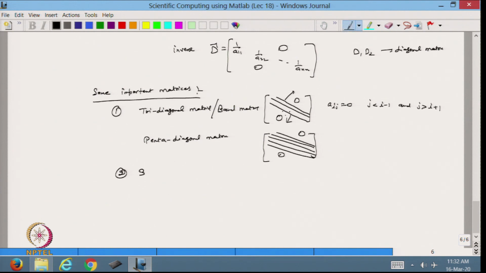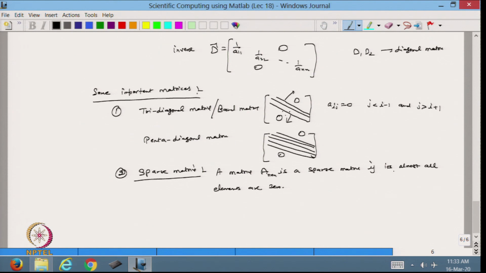Now, we define the sparse matrix. A matrix A, n cross n, is a sparse matrix if almost all its elements are 0, so it contains only a very small number of non-zero elements, otherwise all the elements are 0.